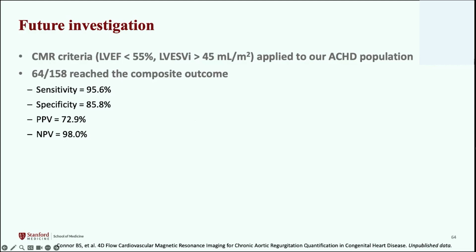And so what we found is that among our patients who underwent AVR, all of them met these MRI criteria, whereas only a third of them would have met criteria by echo.